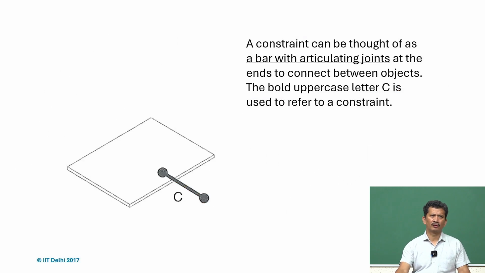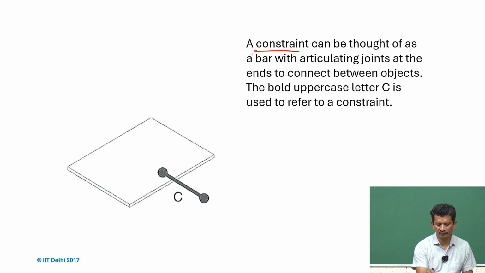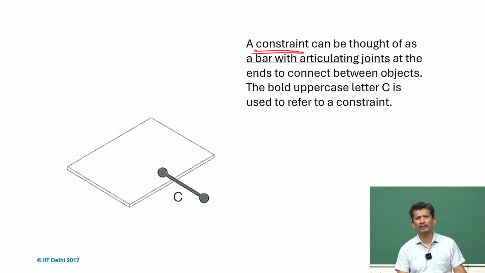So, we can use some abstraction here and we will try to define what is a constraint and what is the best way to represent it. Whenever we are trying to design some constrained device or want to design a system where we want to have certain degrees of freedom with certain constraints, how to represent it?